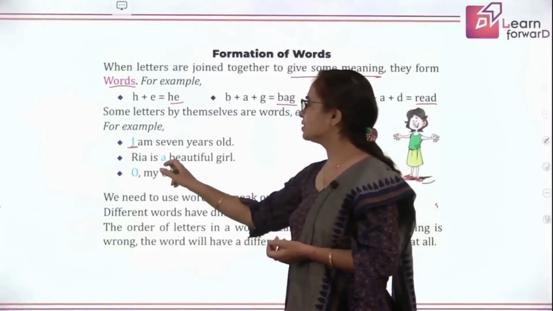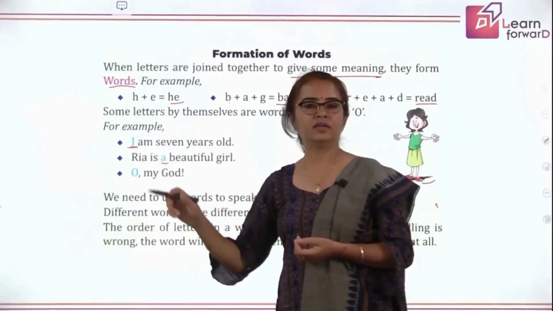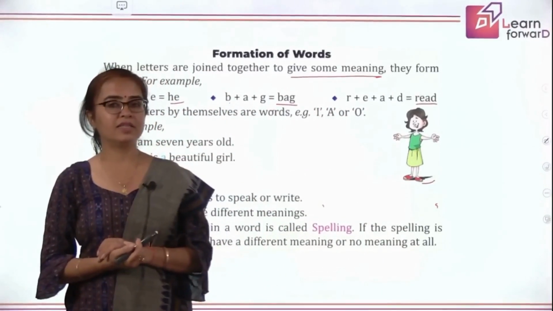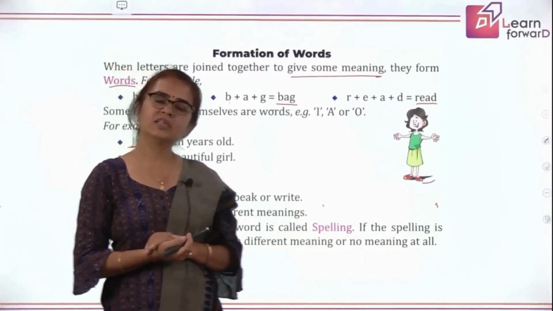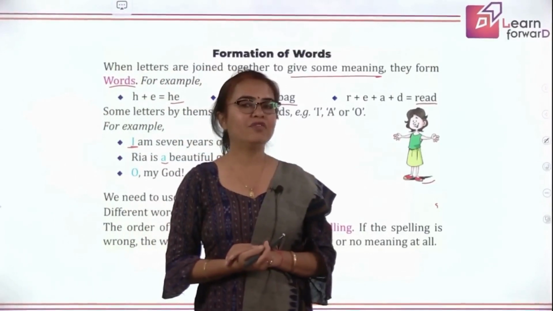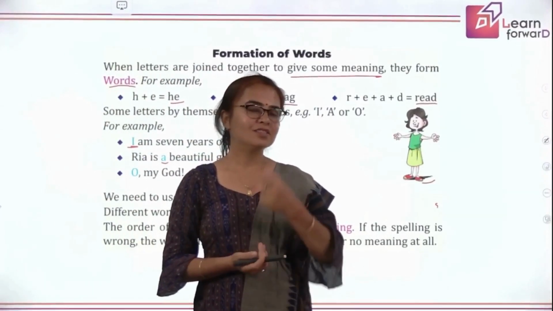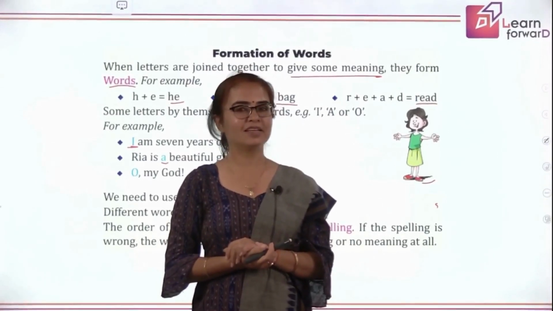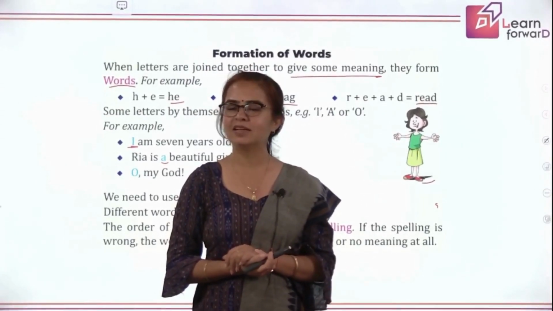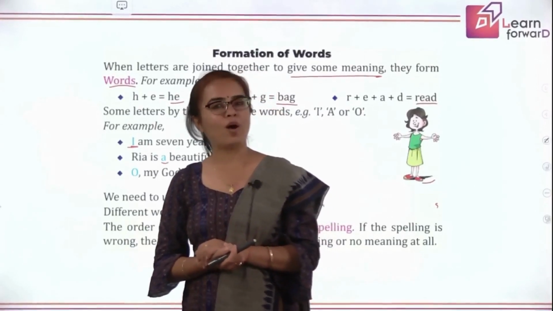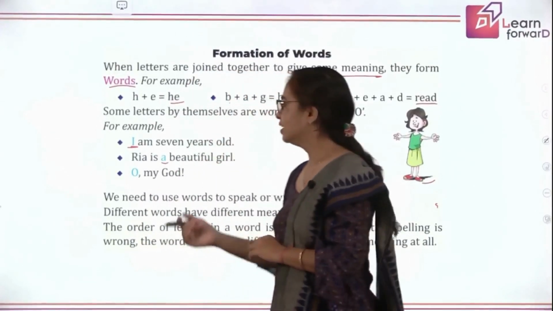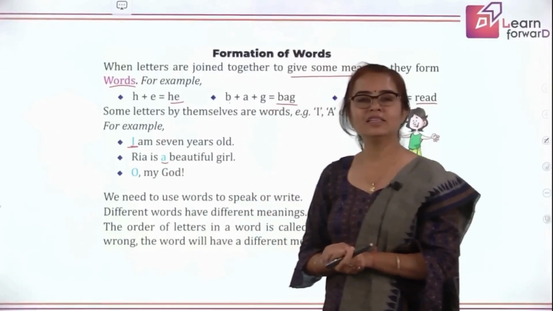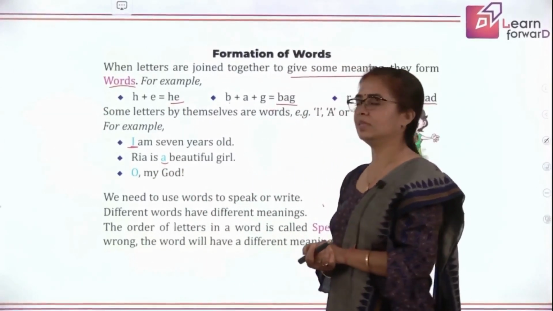So, I is one of them. Then the next is a. A is used as a word in sentences. I eat a banana every morning. So, isn't a a word here in the sentence? Yes. And you know what it means? It means one. Yes. So, a alone is a letter that is used as a word in sentences.